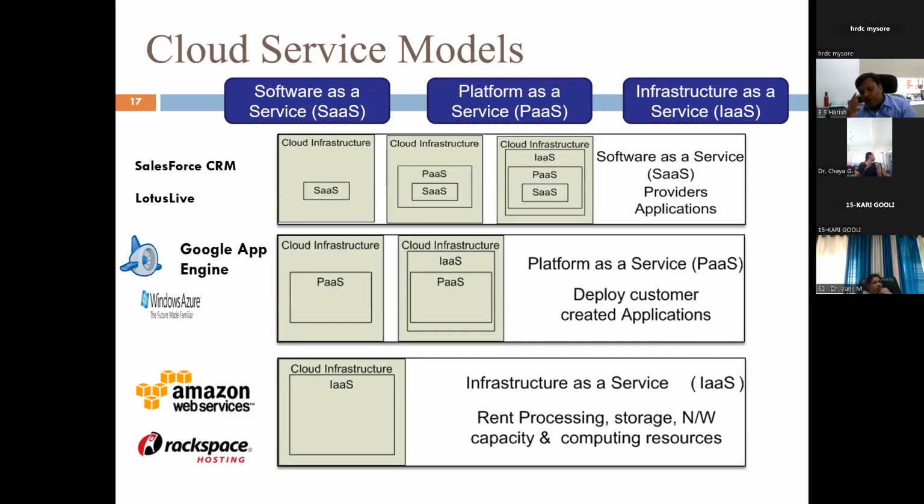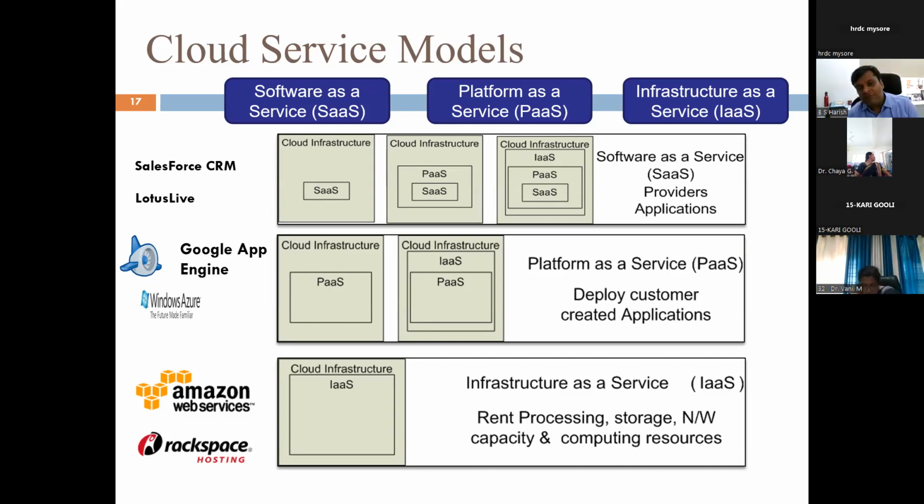If you want to use Microsoft software, you need not pay a huge amount for the license. You just pay a very nominal fee to the cloud service provider and use that Microsoft software for your service. Once that service is exhausted, you can either renew it or terminate it.